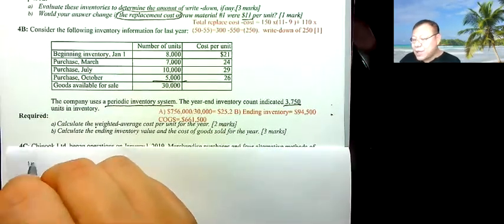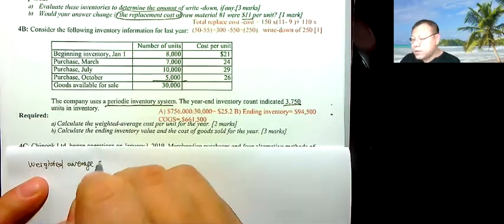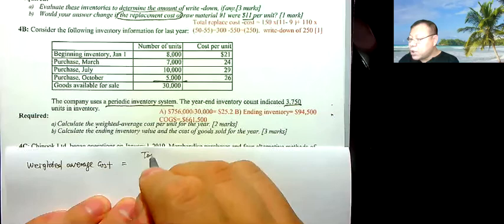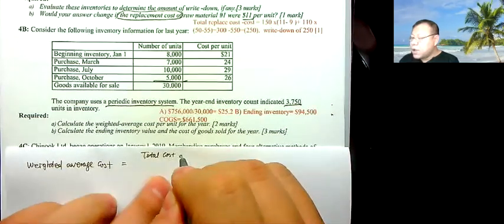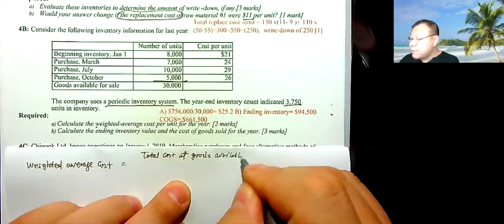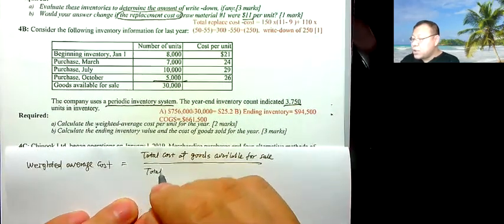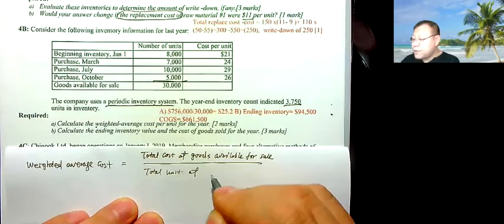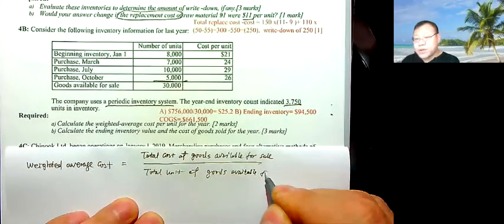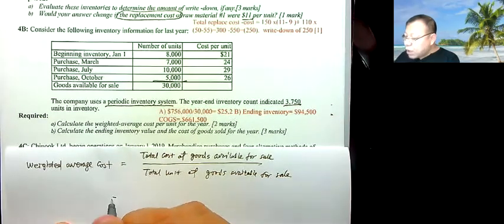So the weighted average cost will be the total cost of goods available for sale divided by total units of goods available for sale. Right? So what's the total cost of goods available?